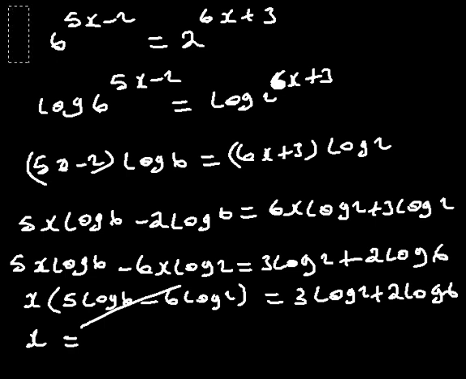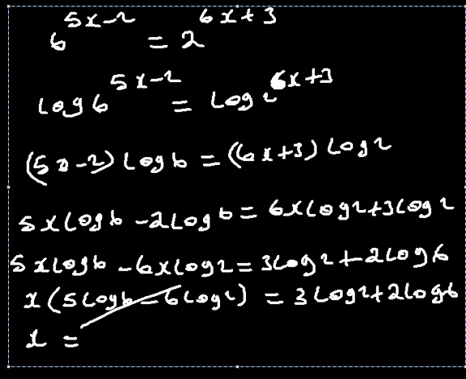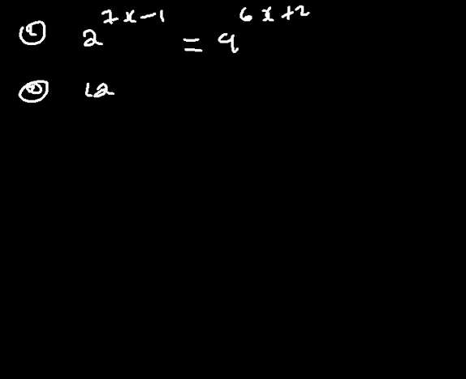And also try the following at your own time. For the first case, we have 2 to the power 7x minus 1 equal to 9 to the power 6x plus 2. And let's say we have 12 to the power negative x minus 1 equal to 2 to the power 5x minus 2.